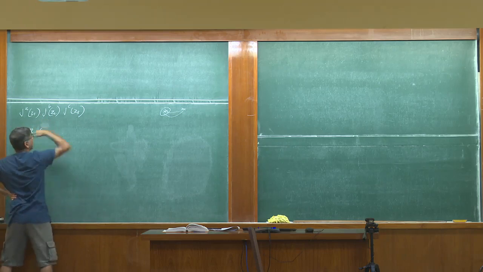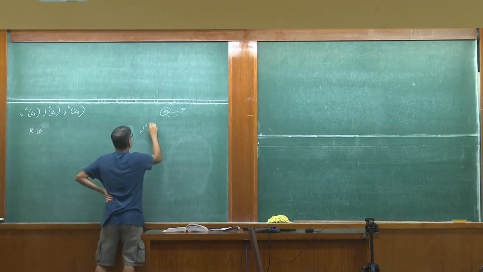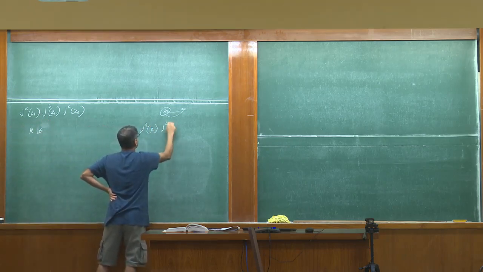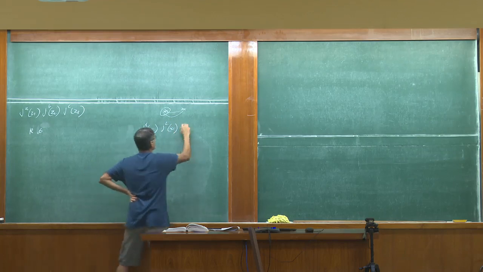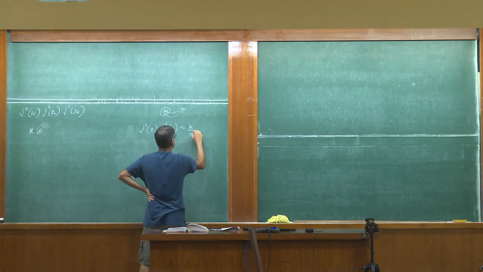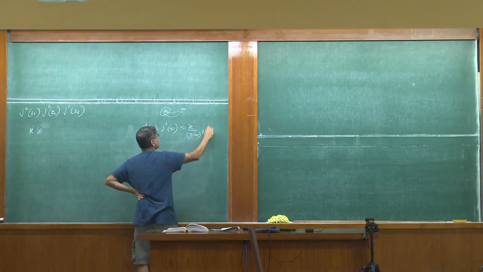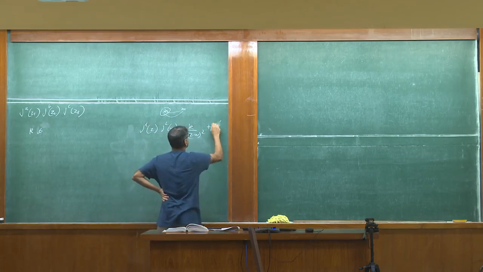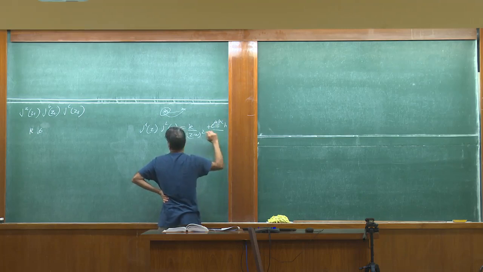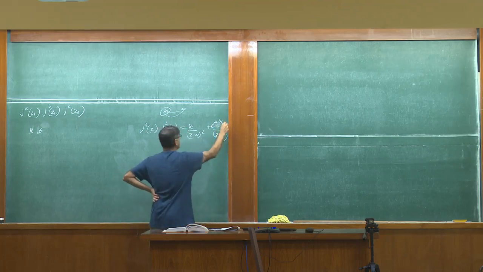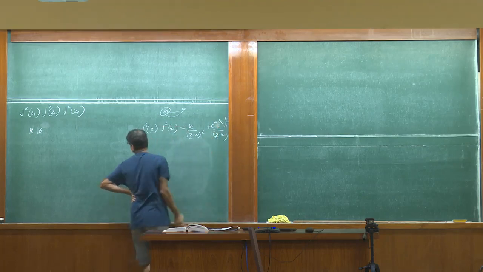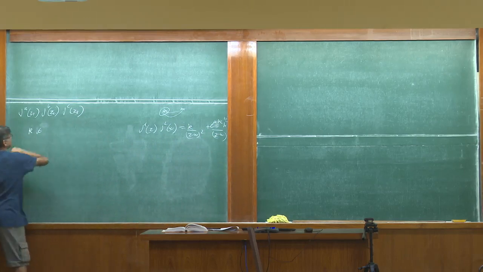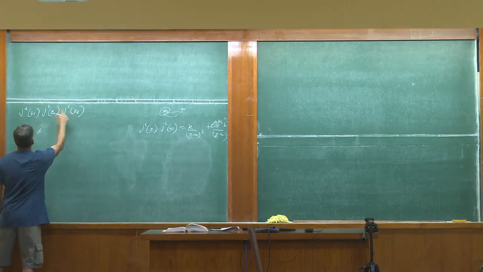Our rule was J^A(z) J^B(w) is k over (z minus w) the whole thing squared, plus epsilon^{ABC} J^C(w) over (z minus w). Here J^C is at w. In that rule this is z, this is w.